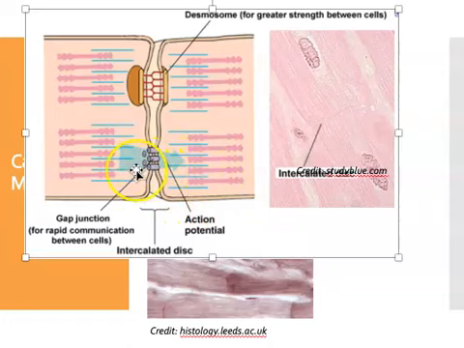It's a little purple tunnel. Purple in the diagram, of course. It allows for electrical impulses to be transmitted from one cell to the next, from one membrane to the next, with virtually no delay. And that's critical for the normal function of the heart.